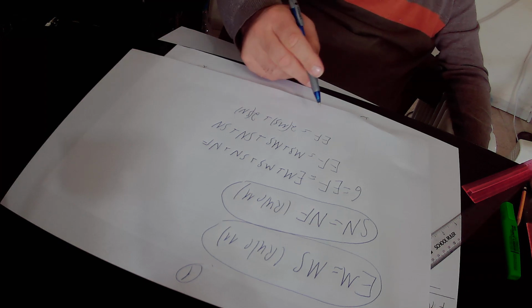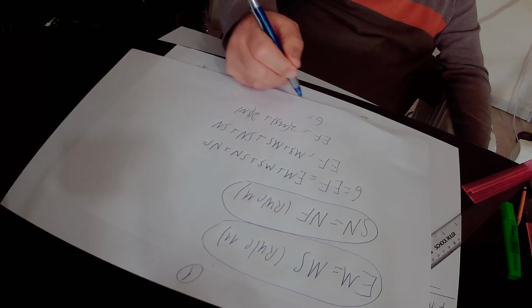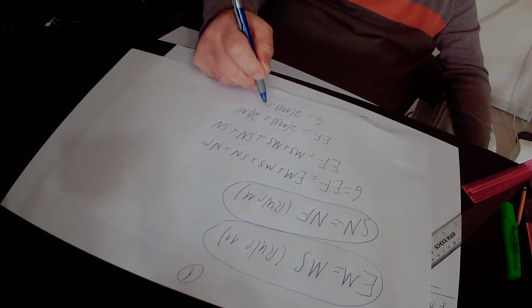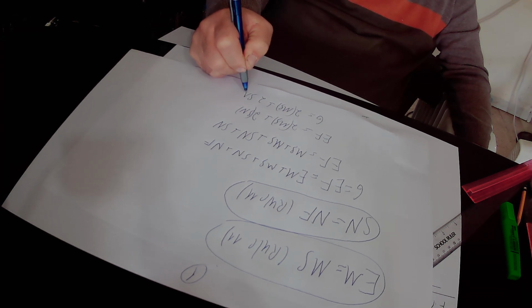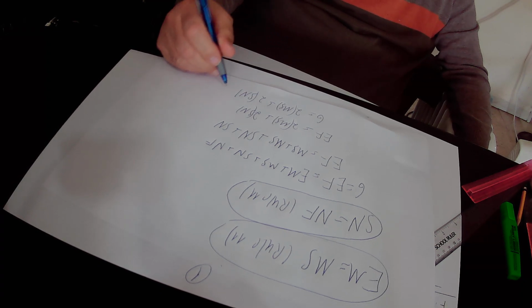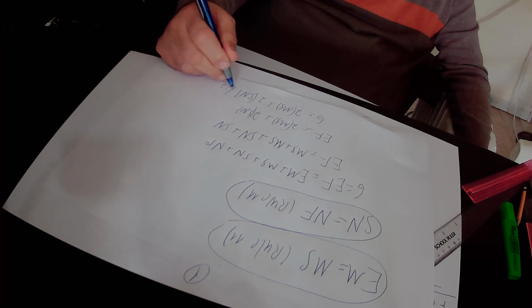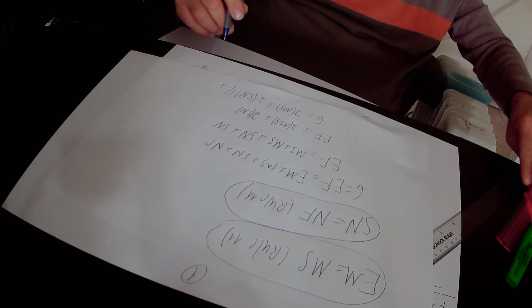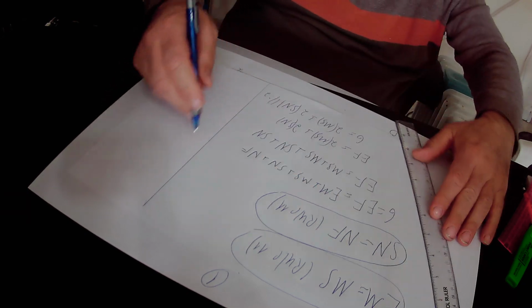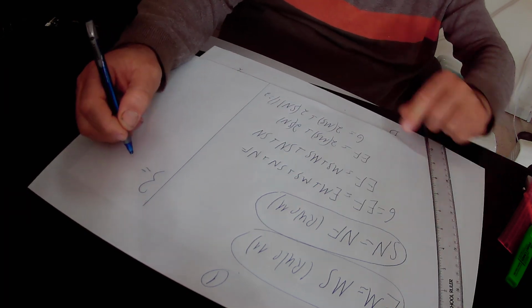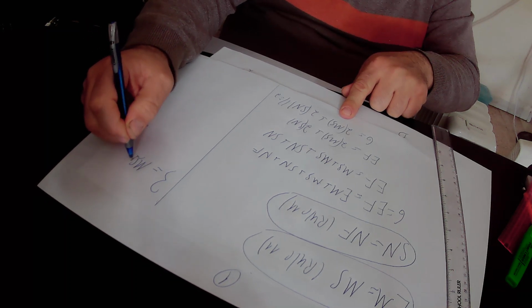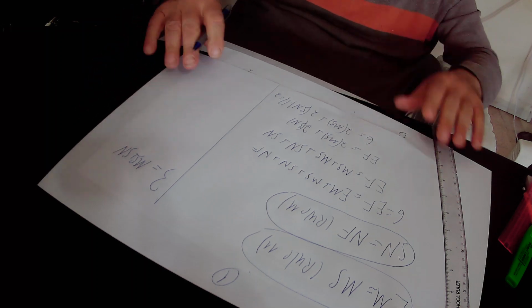So EF that is equal to 6, it is equal to 2MS plus 2SN. Here we'll divide this equation by 2, and finally we'll get that 6 over 2 is 3, so 3 equals MS plus SN.